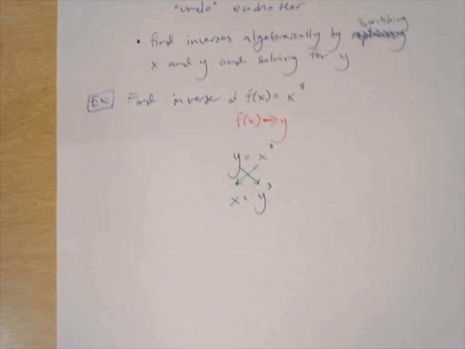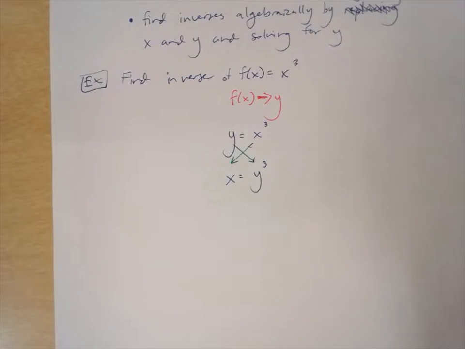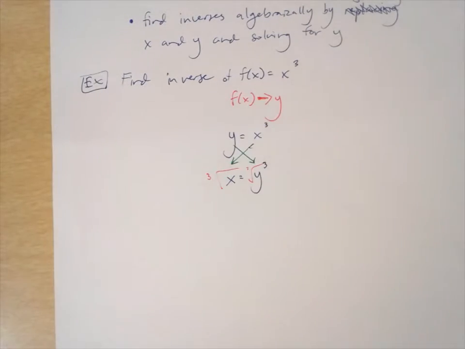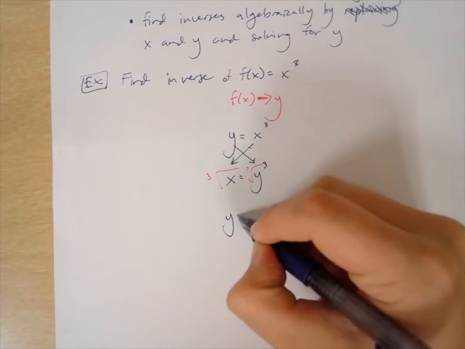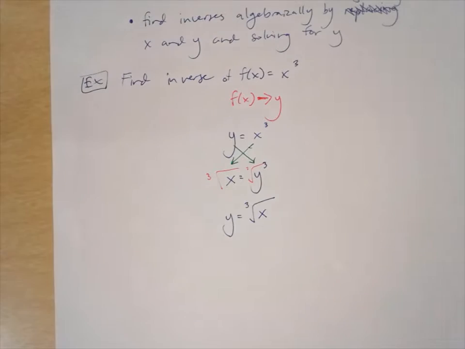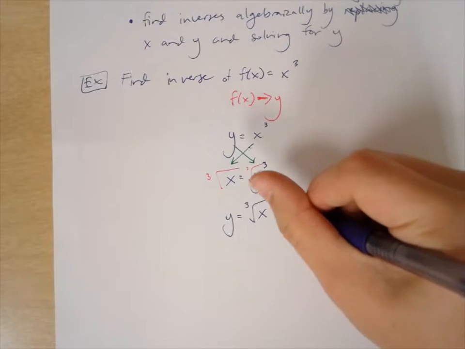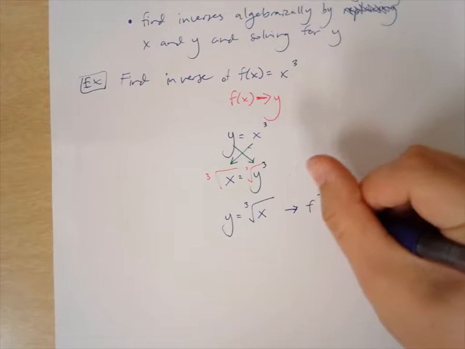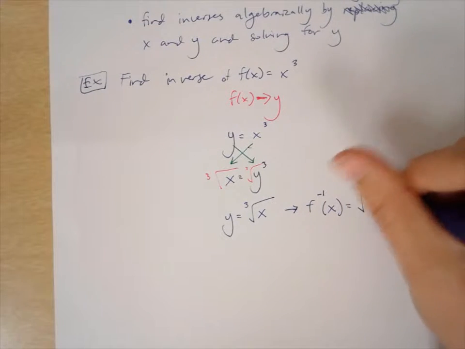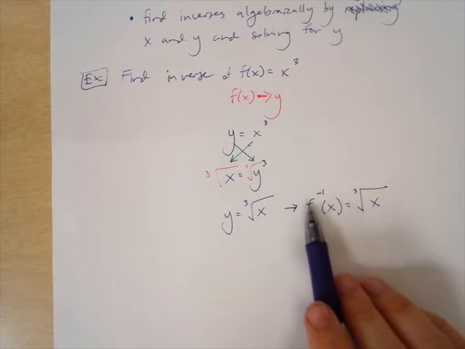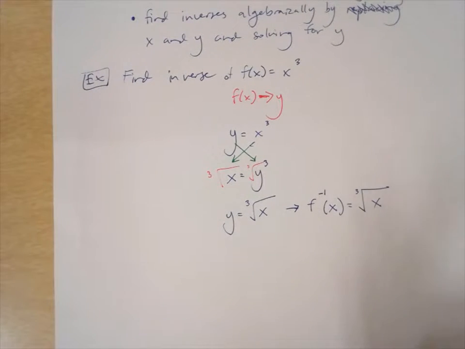Now we solve for y. We're going to have to take the cube root of both sides, and we get y equals the cube root of x. And so what we can then say is that f to the negative 1 of x equals the cube root of x. It's important you understand that notation. F to the negative 1 is inverse notation.